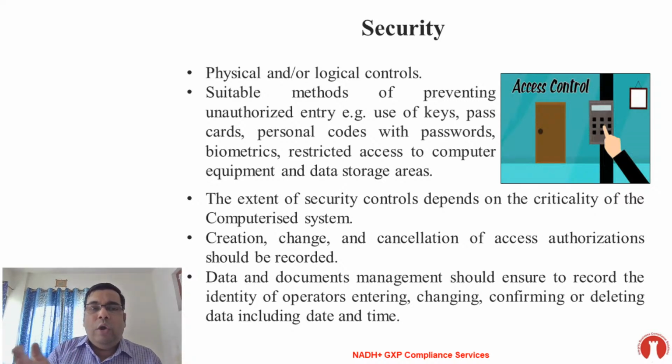The creation, change and cancellation of that access is not recorded anywhere else. So my sincere request is, whenever you are using biometric or other automated access controls for physical access to rooms or areas, there should also be a creation, change and cancellation procedure for accesses. When the person entered, when the person exited, that is required as a part of security controls.